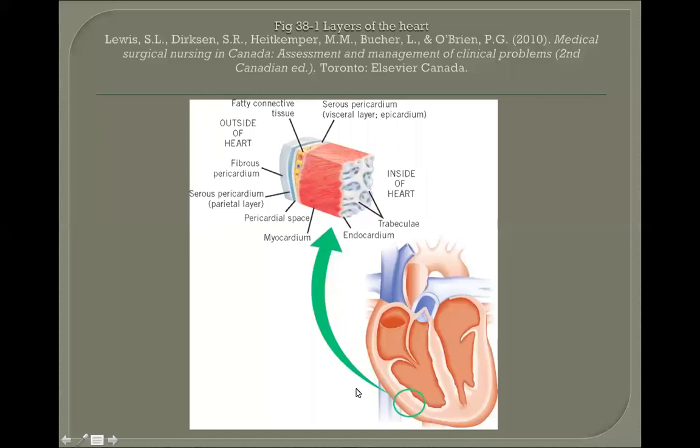So if that becomes inflamed, what's going to happen? Not only will it be painful, but it's going to press against the myocardium, and that's not going to give it much room to fill. It's going to be painful as it tries to do its work. So a few issues there around pericarditis.